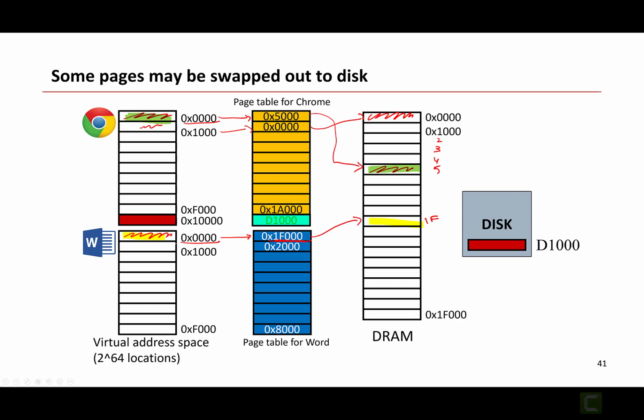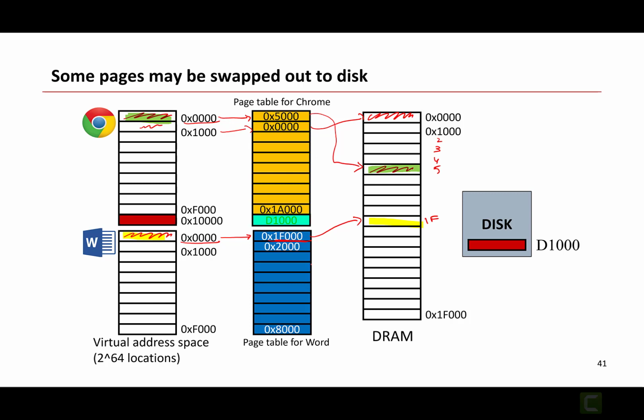So when Word asks for virtual address 0, the Windows operating system would check the page table and say, oh, the physical page for 0 is actually 1F, and that way it can go and get the correct data.